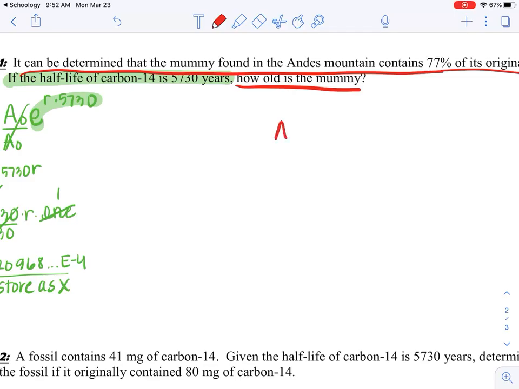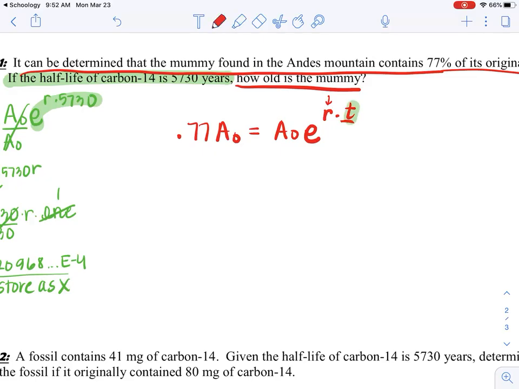All right, so once again, I don't know the original amount, but I know that it has 77% of the original amount of carbon-14 remaining, times e to the, my rate is stored in my calculator, times, and I'm solving for T, right? So this is stored as X. So if you want to call that X instead, there's absolutely no problem with it as long as you realize that X is what's stored in your calculator.